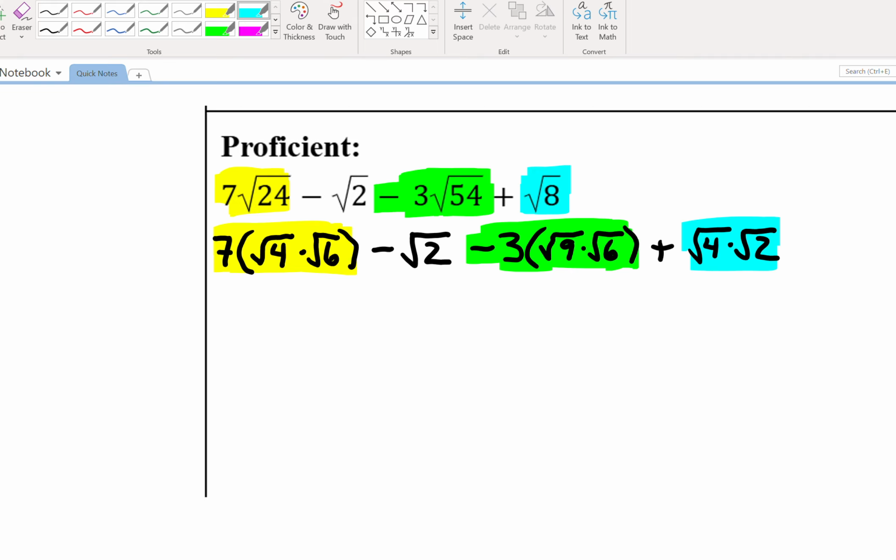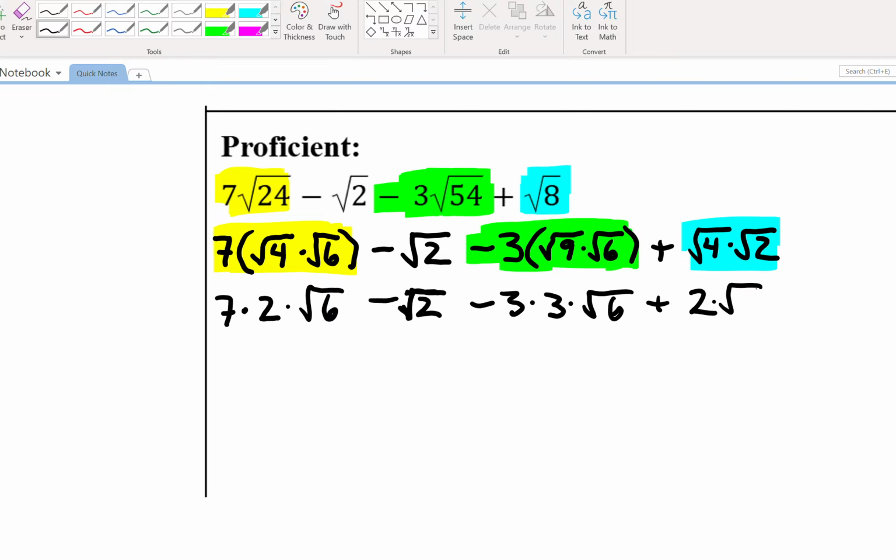So now we're just going to simplify this again. This is 7 times the square root of 4, which is 2, times the square root of 6, minus the square root of 2, which cannot be simplified, so we're just going to leave that there. Then we've got minus 3 times the square root of 9, which is 3, times the square root of 6, plus the square root of 4, which is 2, times the square root of 2.